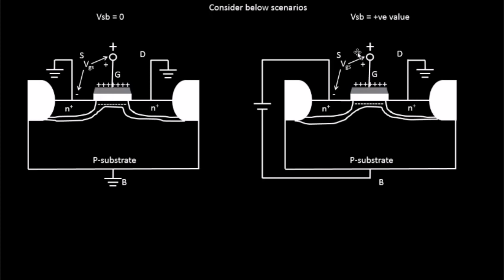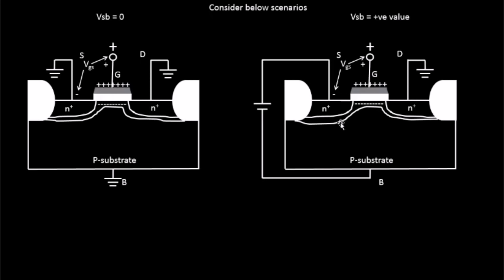Why is it positive? If you look from this direction, VSB is positive; if you look in the other direction, VBS becomes negative. So let's be on the same page and call VSB some positive value. Your source is at positive potential, and your body is at negative potential.